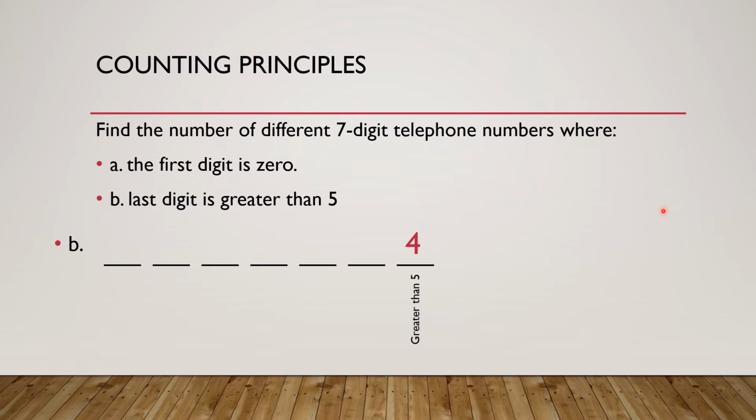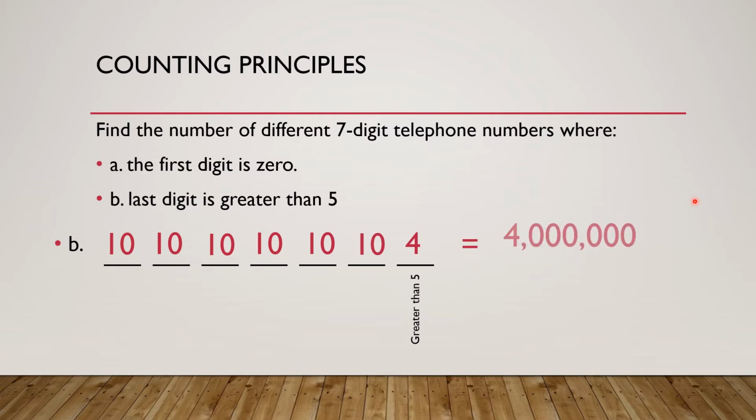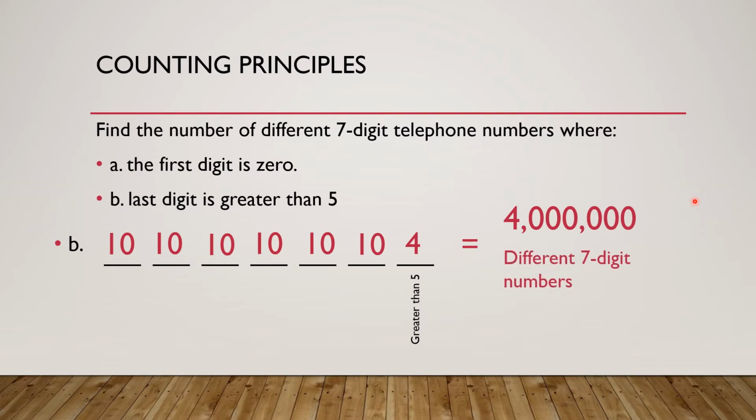For the first digit, there will be 10 choices, from 0 to 9. The same with the second digit, and there are 10 choices for the third, fourth, fifth, and sixth digit. If we multiply everything, we will come up with 4 million different 7-digit numbers that can be formed in a telephone number. So there are 4 million.